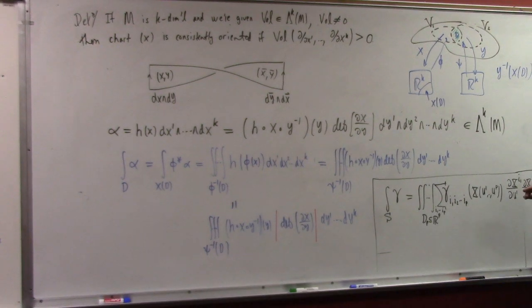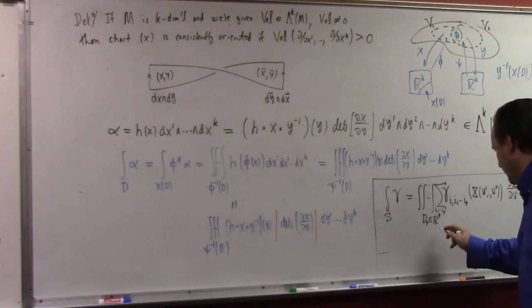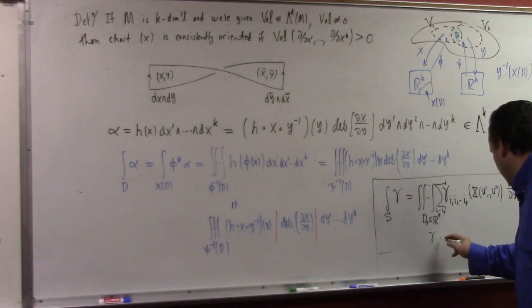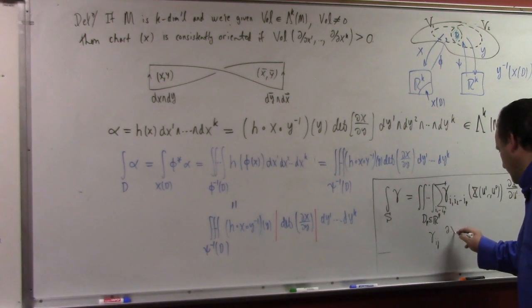But if you really look at what we had, there would have been 6 things. So for example, if we're talking about a 2-form, it's just this.